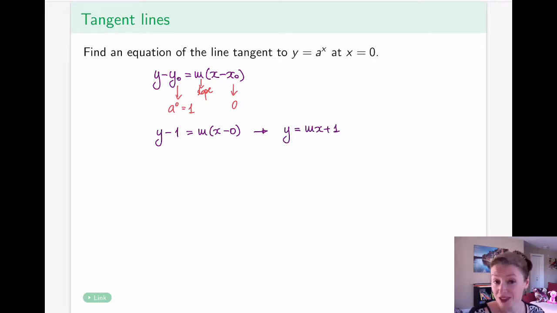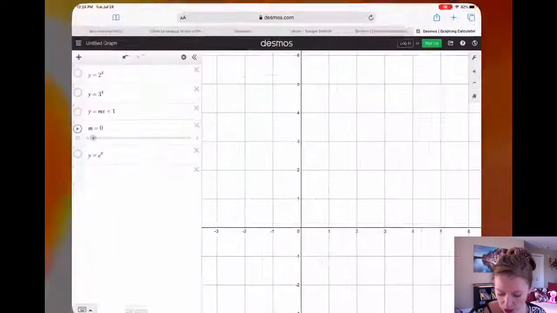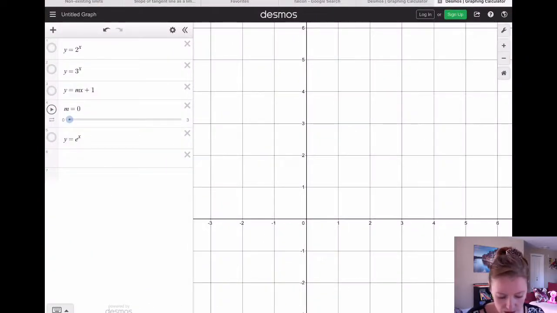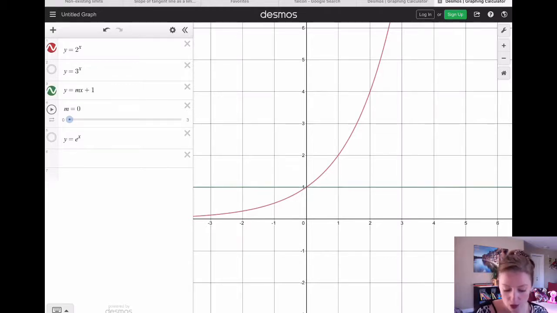Well, this is a very nice equation where all I have no idea how to describe yet is the actual slope. What we can do is try to eyeball it from the graph and see if we can see something interesting. So let's take a quick look at what these functions look like. So here I have, let's say, y equals 2 to the x, and I have a line with equation y equals mx plus 1. m is supposed to be the slope of this function at 0.